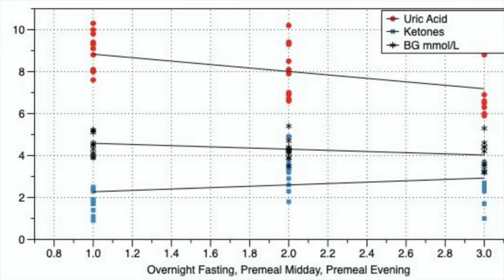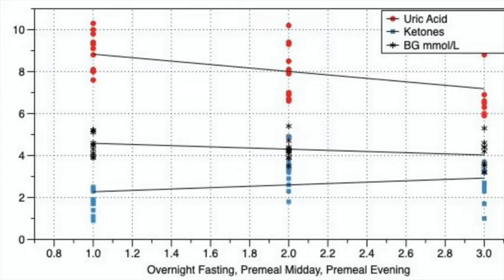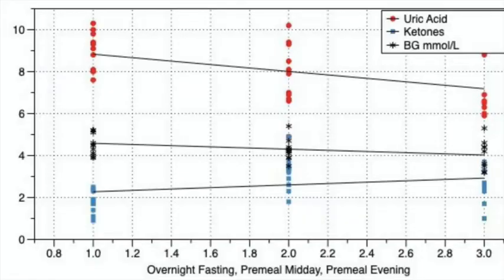The data that you're seeing here reflects the year 2019, and this reflects what my uric acid fluctuation looks like over the course of a day. What you can see from my data, the line at the top of the slide, is that my uric acid is highest at my fasting reading, and then over the course of a day it decreases.